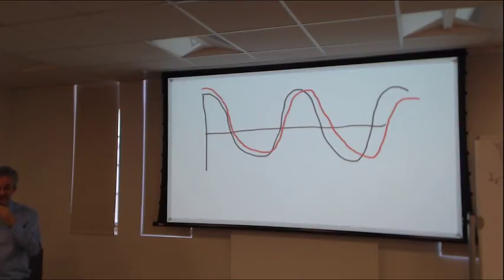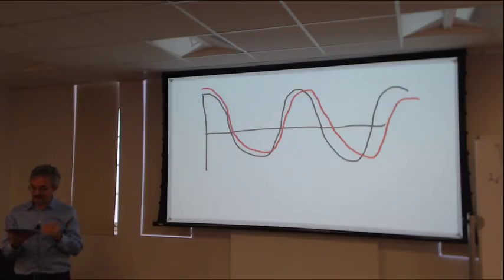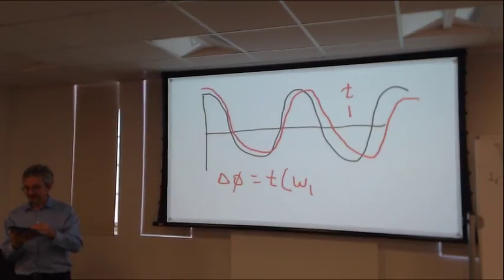If I ask sometime later, what's the phase difference between the two signals? The change in phase is equal to the time, say here, times the frequency difference between them.